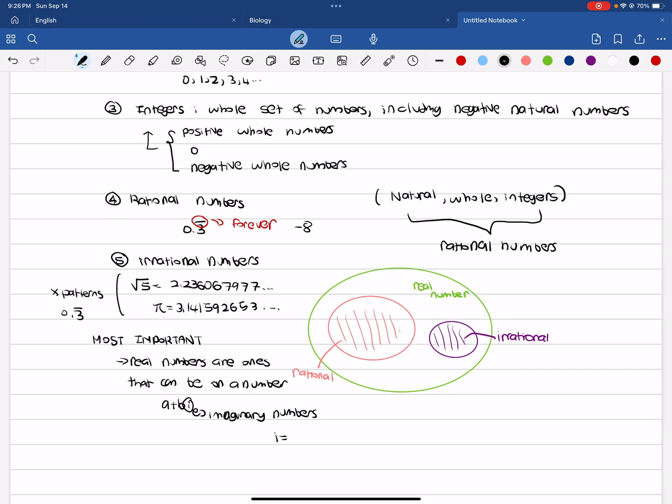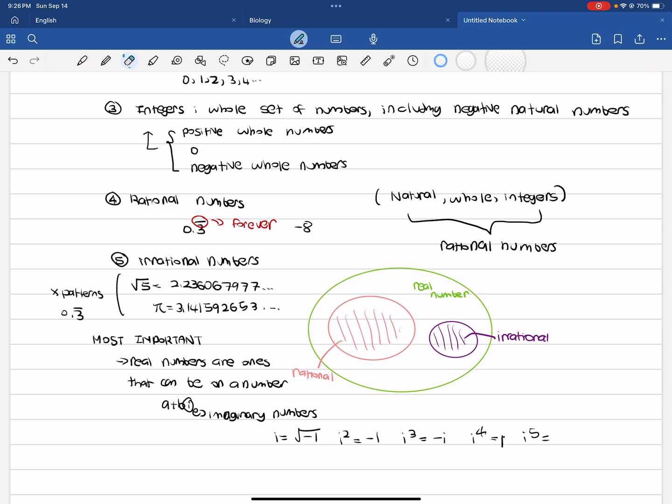I equals root minus 1, so I squared equals minus 1. I to the power of 3 equals minus I, I to the power of 4 equals 1, and I to the power of 5 equals minus I, and so forth.